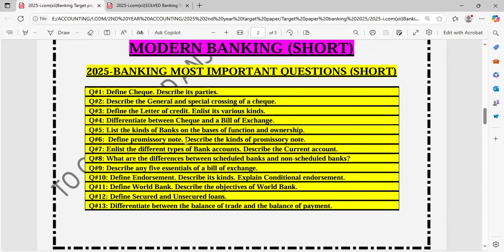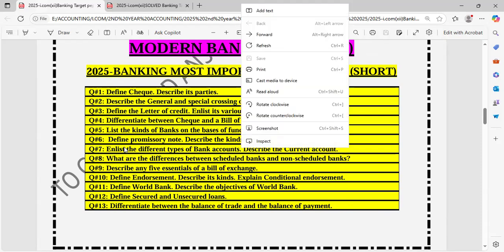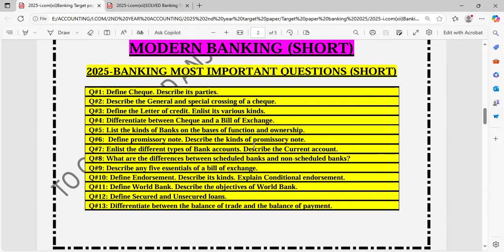Then we have promissory note and its kinds. Then analyze the types of bank account; you just have to write the names, not define and describe. Current account is very important, though fixed deposit account may also come. What are the differences between scheduled and non-scheduled bank? Essentials of bill of exchange.